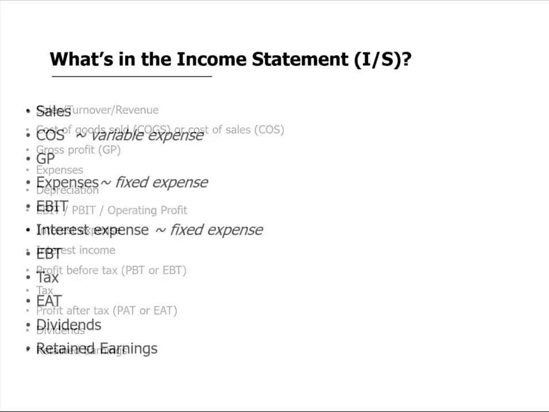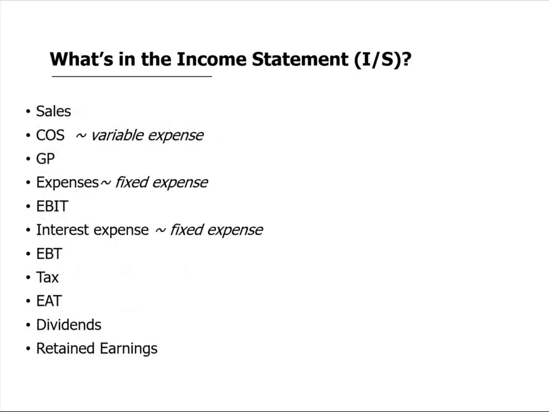So let's move forward to a slightly simplified view of the income statement. And you'll see here I've added some descriptors, specifically referring to the cost of sales as a variable expense. And the expenses, that's the rent and the salaries, and let's call them the overhead, as the fixed expenses.